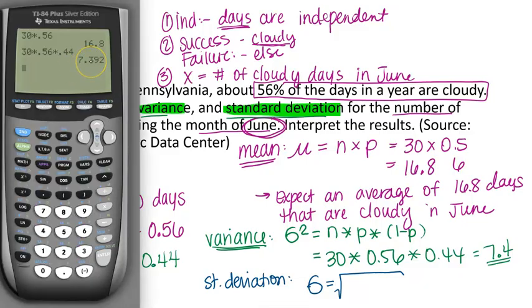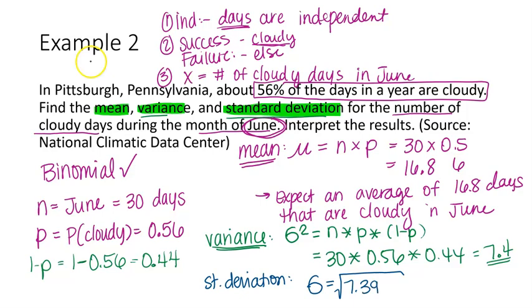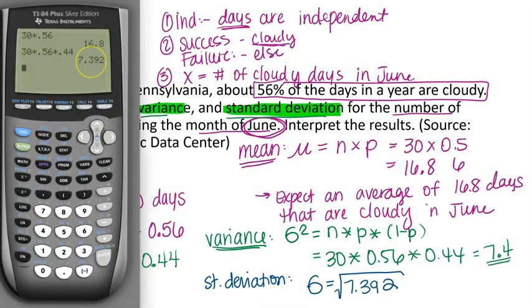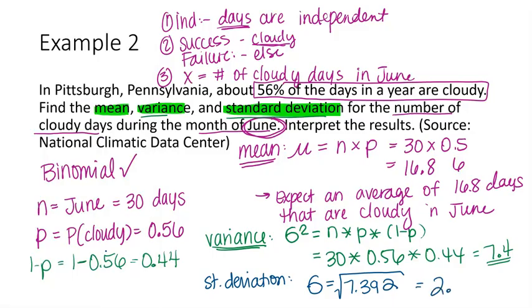So 7.392, I want to include all the decimals when I go to take the square root. Or as we've done in the past, at least 3 of my decimals. Meaning on average, there is a variation, a fluctuation, a spread of about 3 days.